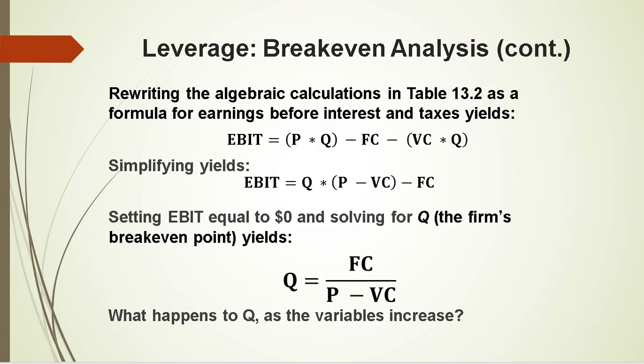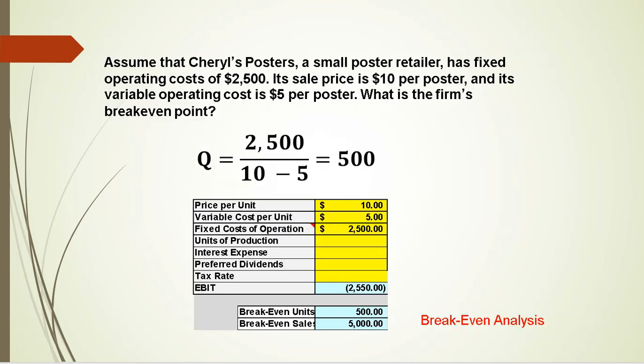Now if we solve for Q, what quantity do we need to sell to get to break-even? We have the formula that has the fixed cost divided by that contribution margin. So here we have a company with fixed operating costs of $2,500, a sales price of $10 per poster, and a variable operating cost of $5 per poster.